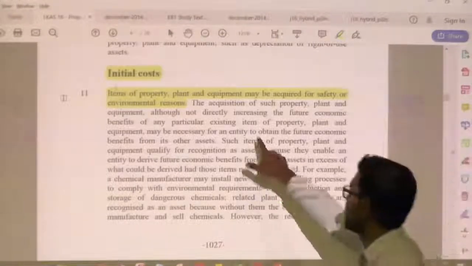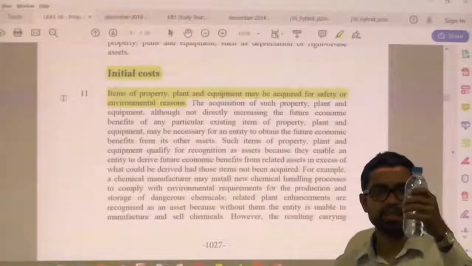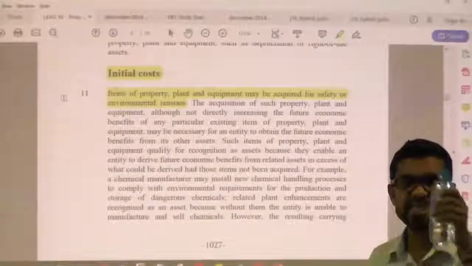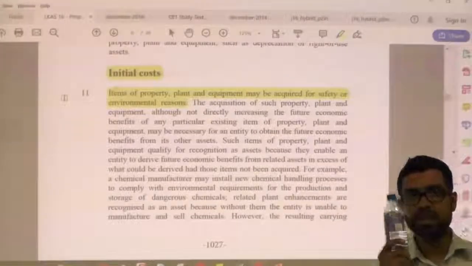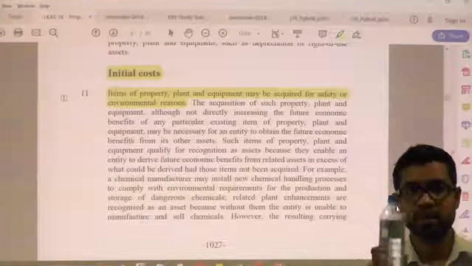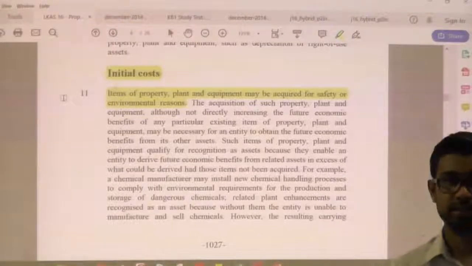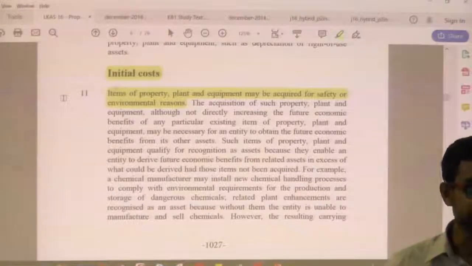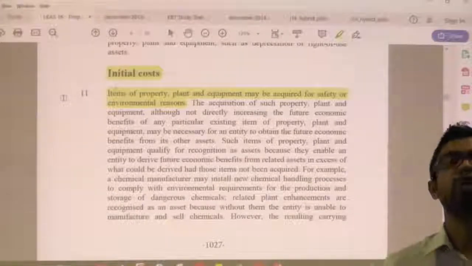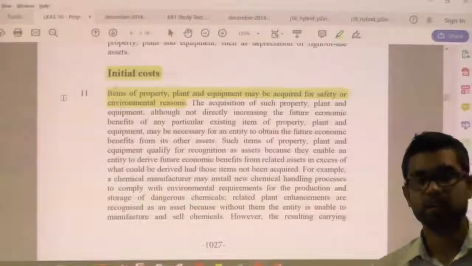It is necessary, but storing in a separate place is necessary for you to earn economic benefits. Otherwise, it is not allowable by government regulations to use this asset. If I am using this asset, it should be in a separate place. It is necessary to store it in a separate place for me to generate economic benefit from this asset.